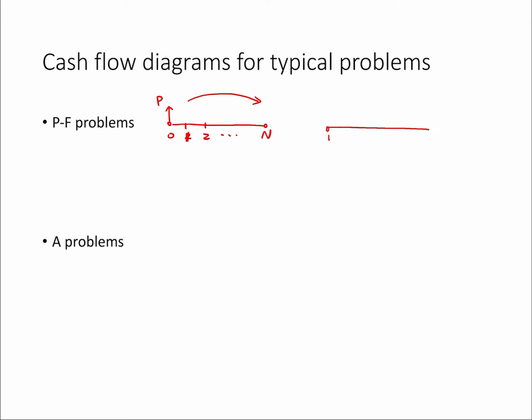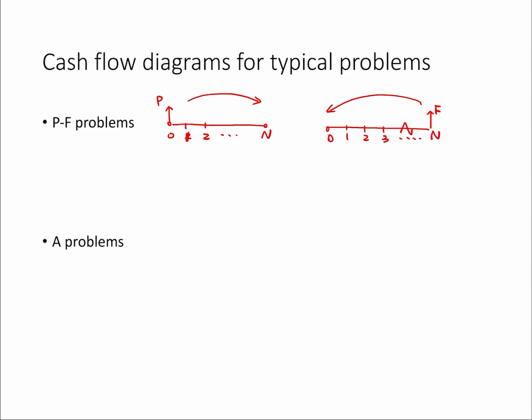Or you want to convert some future cash flow back to the present. That's what we mean by the P/F problems. And for P/F problems, the diagram is pretty easy.